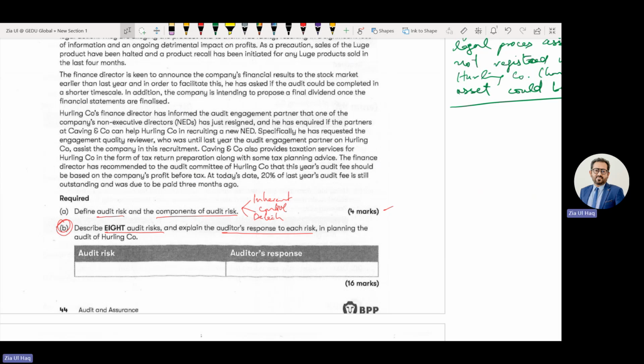This is a lengthy question where we need to write down the risk as well as the response. We need to think about it, so it will take time. If you are trying this type of question the first time, it will take more than 1 hour. After practicing 2 to 3 questions, you'll be able to complete this type of question within 30 to 35 minutes.